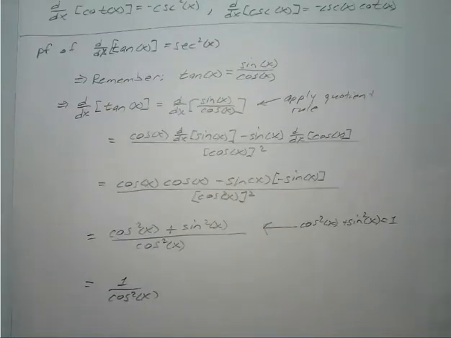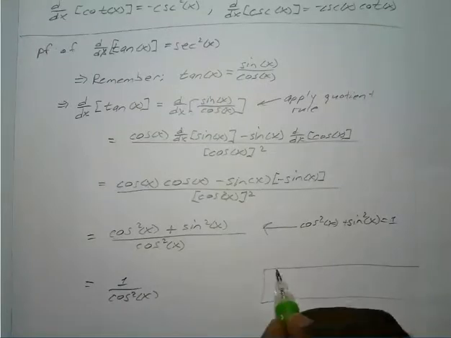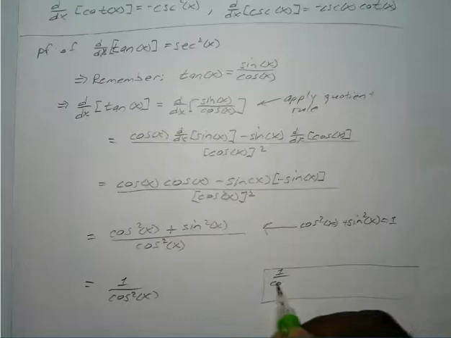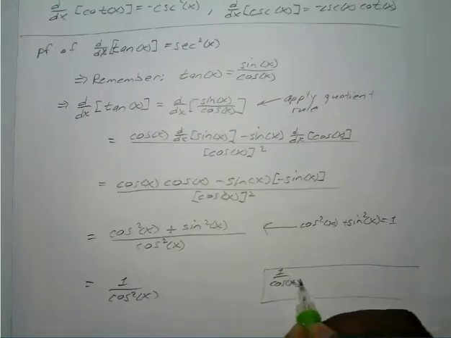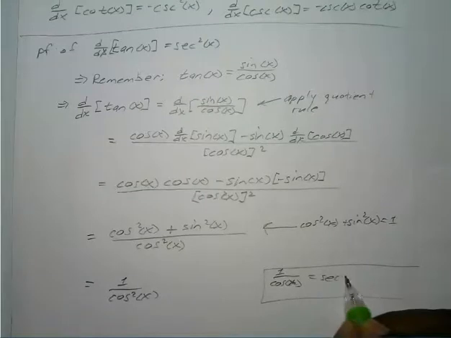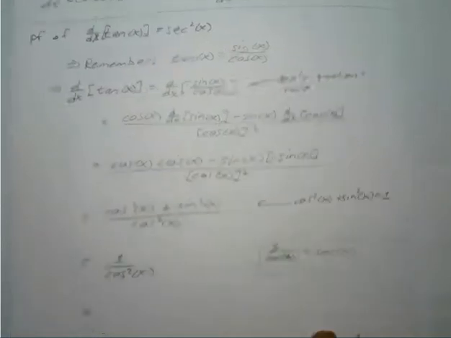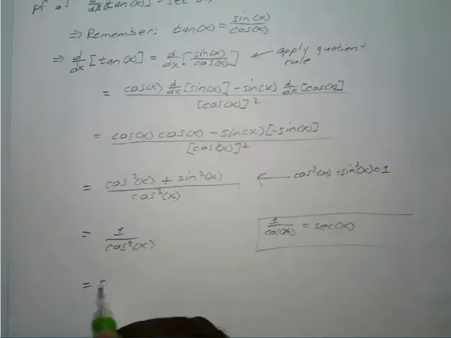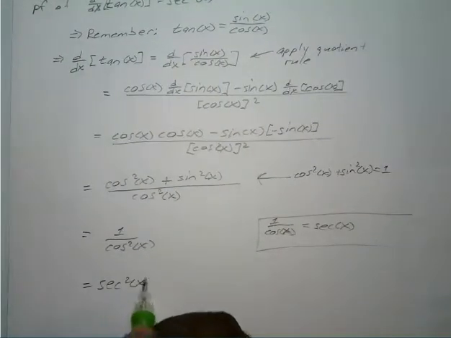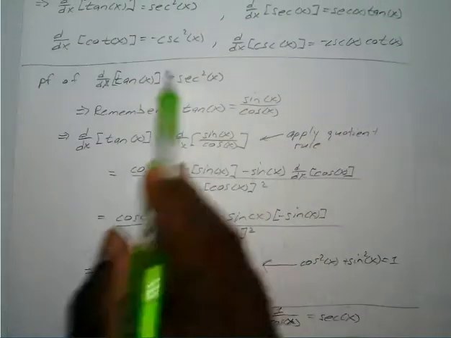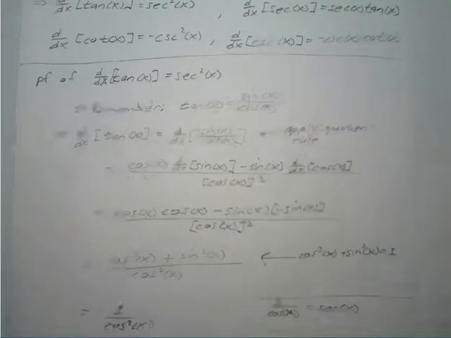Now, if you remember also, 1 over cosine is equal to secant. So 1 over cosine squared is equal to secant squared, which proves what we were looking for.